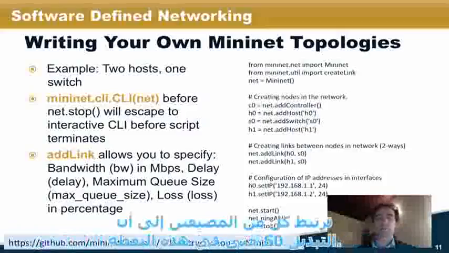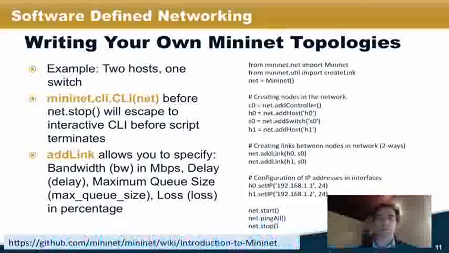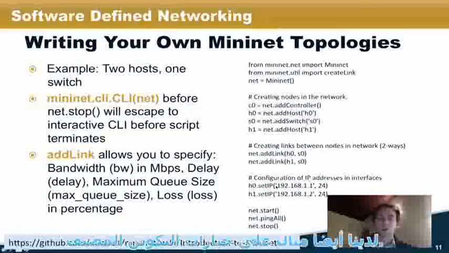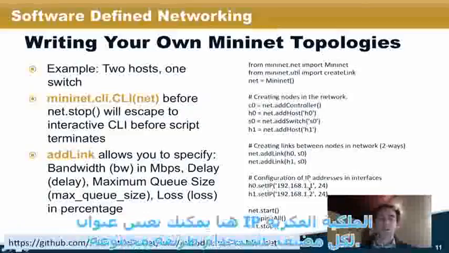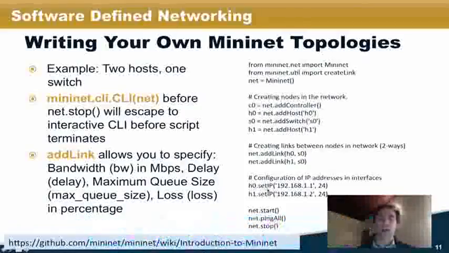So at that point, both hosts are connected to that switch, s0. We also have an example of host configuration options. Here, you can set the IP address of each host using the setIP method.